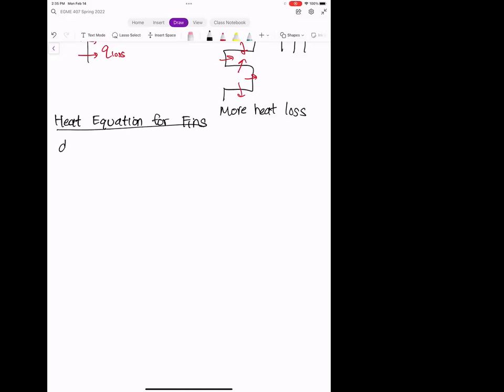Our heat equation looks something like this: d squared T over dx squared plus 1 over Ac, where Ac is the cross-sectional area of the fin.